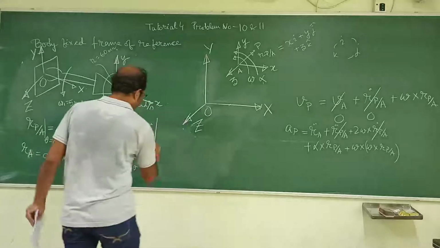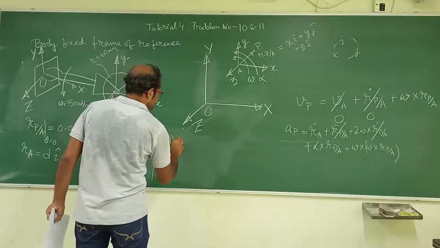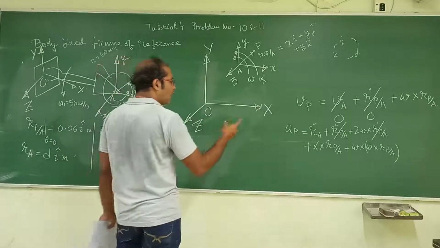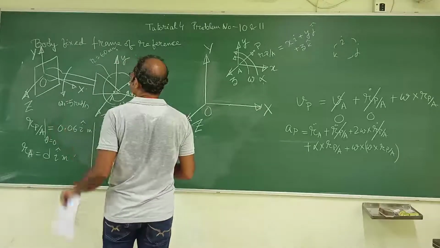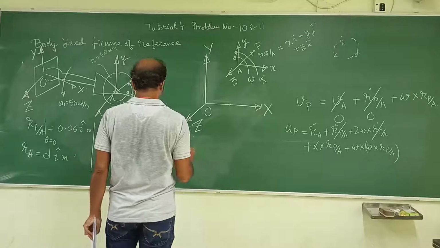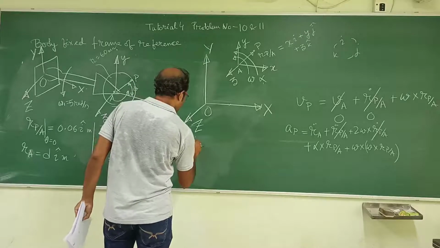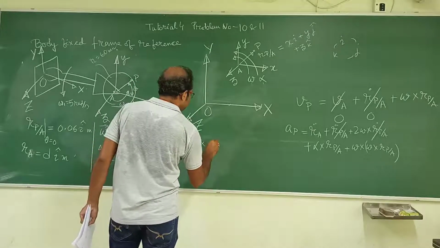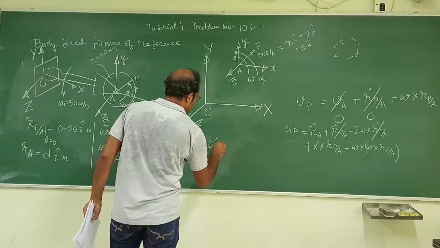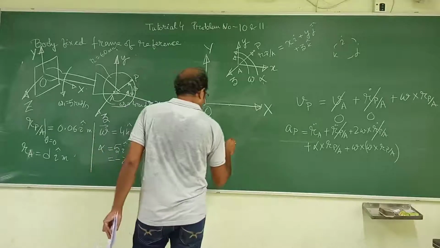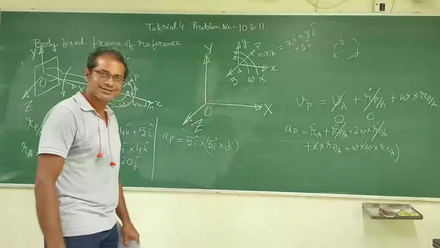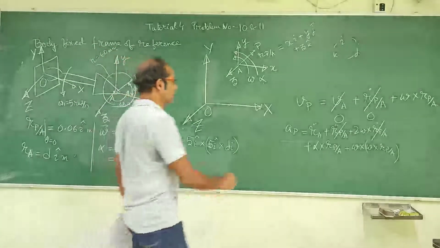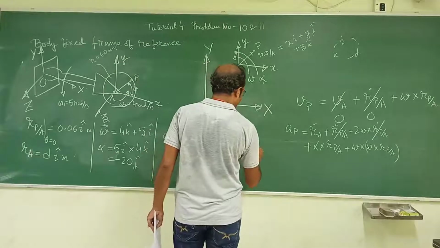Now what else are we having? Acceleration of point P is equal to RA double dot. Omega 1 is equal to 5I. So 5I cross 5I cross DI. What is this? 0. Plus what we are having?